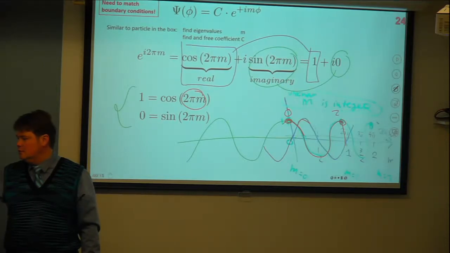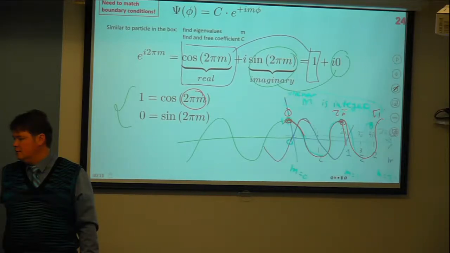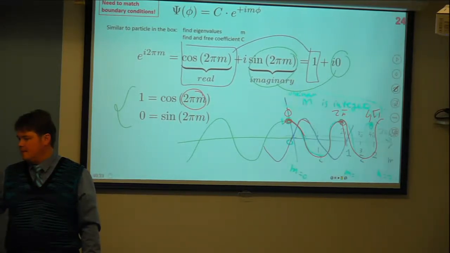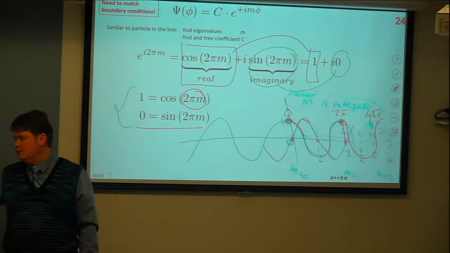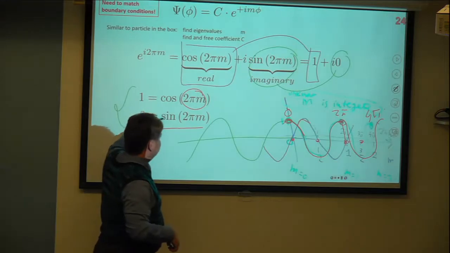0, 2 pi, 4 pi. Sine will be 0 when it is equal to fraction of pi: 0, pi, 2 pi, 3 pi. But we need to match both equations.